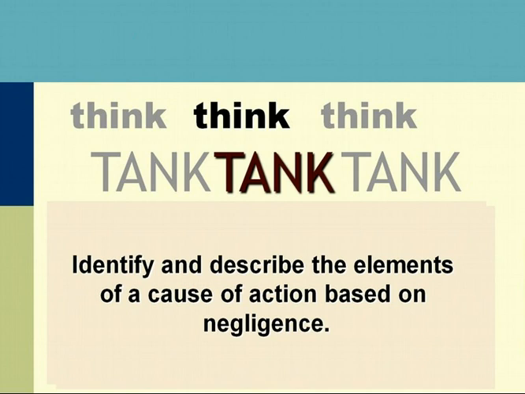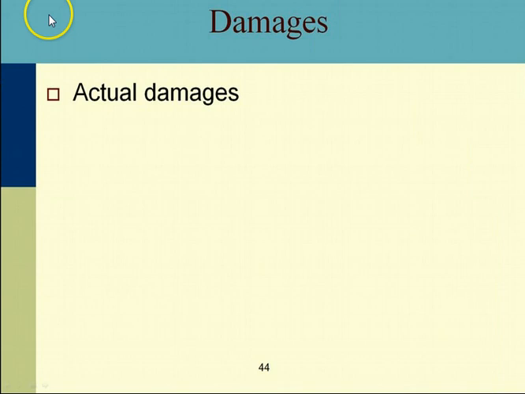Okay, identify and describe the elements of the cause of action based on negligence. I hope you said duty, breach of duty, damage, actual cause, and proximate cause, the 5 elements of negligence. Let's take a quick moment and talk about damages. Anytime there's a tort, there's actual damages.